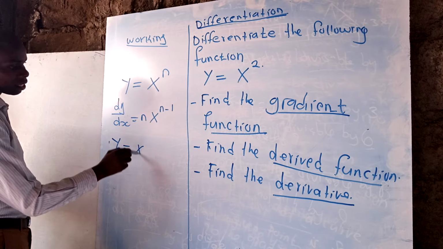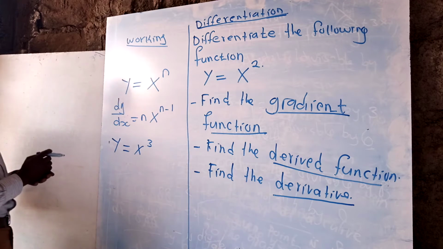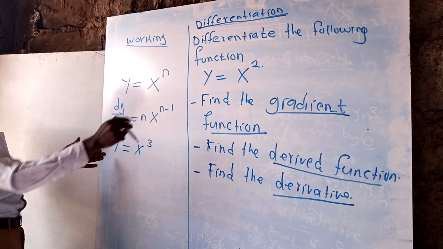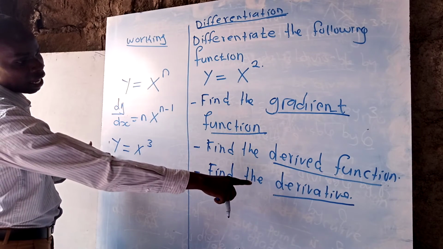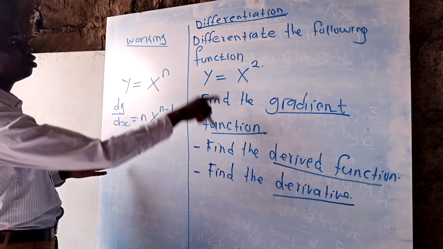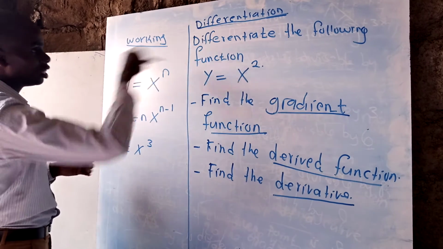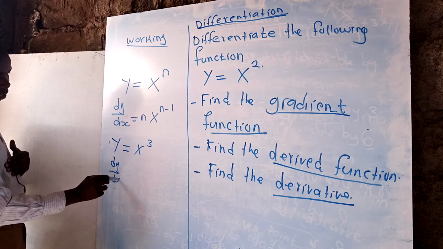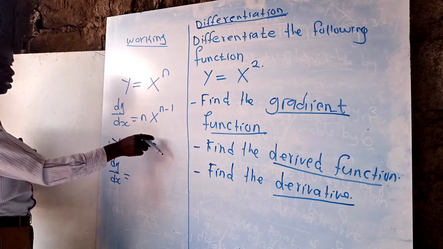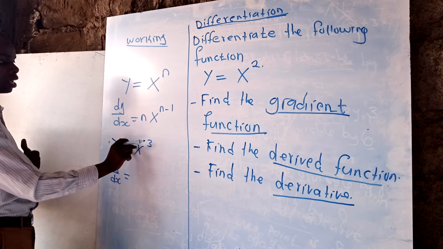So if we have numerical values, the function, for instance, is equal to x raised to 3. To find the gradient function, the derived function, the derivative, we find change of y over change of x is equal to the power, which is 3, as our coefficient.